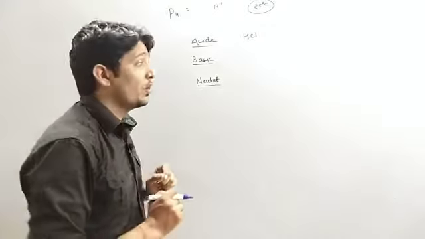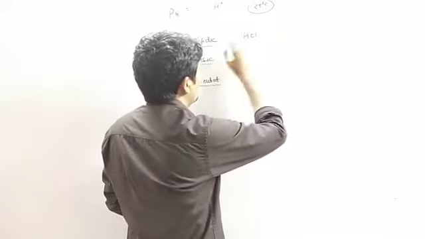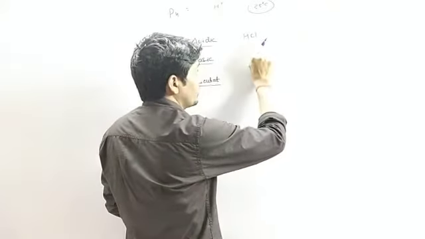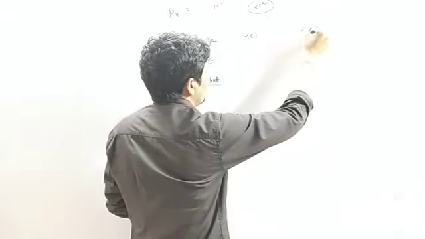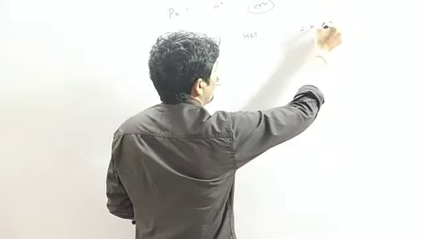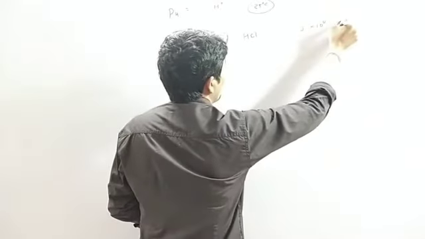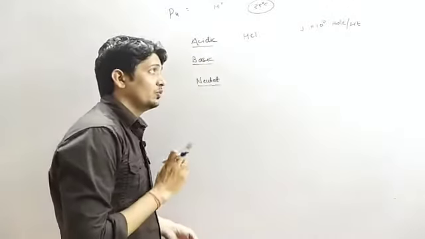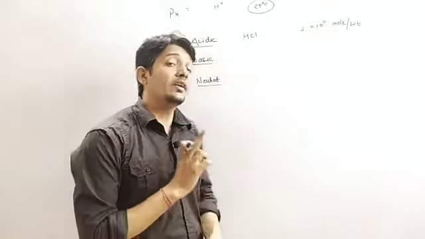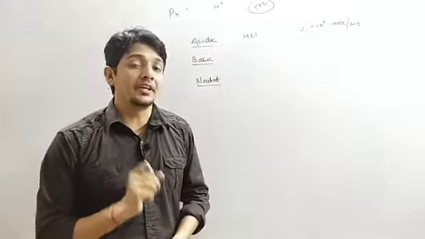The H positive ion concentration of the acidic substance in water at 25 degrees Celsius is 1 into 10 to the power 0 mole per liter.